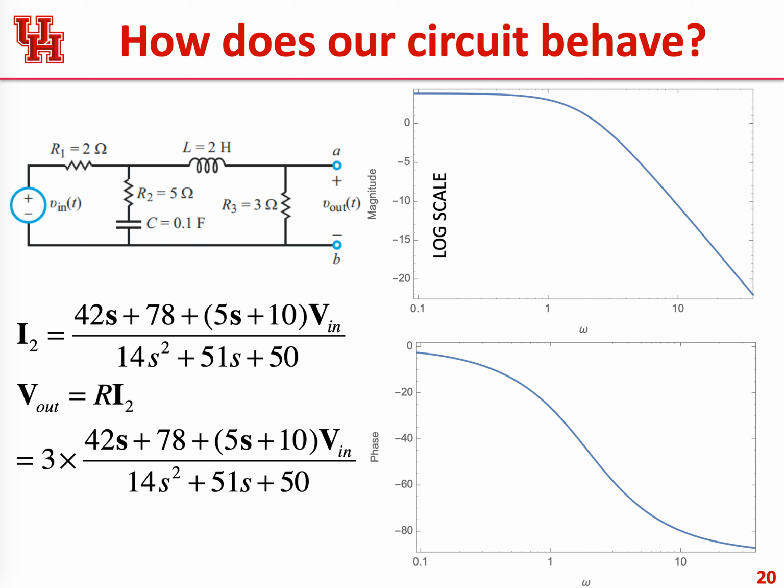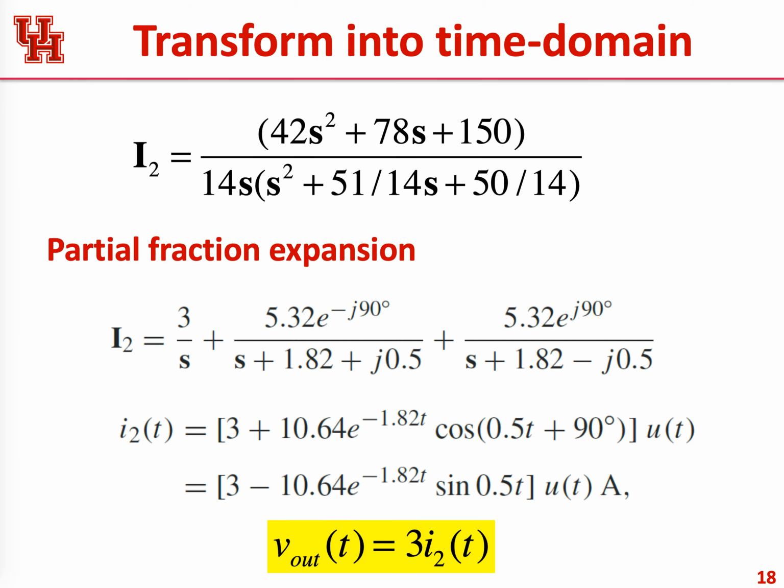So V out of S is 3 times (42S plus 78 plus 5S plus 10 Vn) divided by (14S squared plus 51S plus 50). And we also had plugged in this Vn, and we had a value for that on the previous slide. So this is the formula for that.